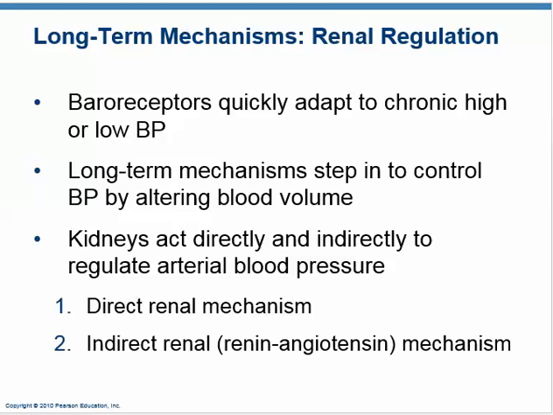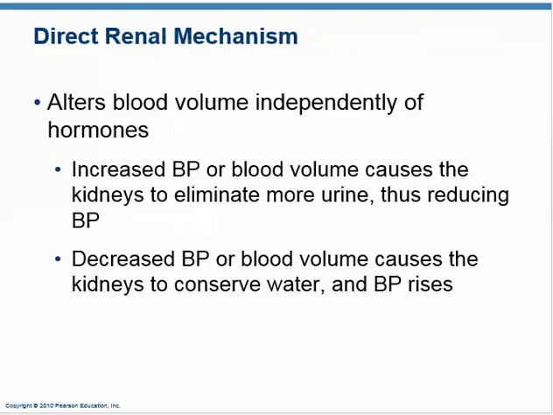The problem with the short-term mechanisms is that they adapt quickly, and so you need to have things that overcome that adaptation. The baroreceptors in the walls of the blood vessels, you don't want them to adapt. So the kidneys will directly and indirectly regulate blood pressure.